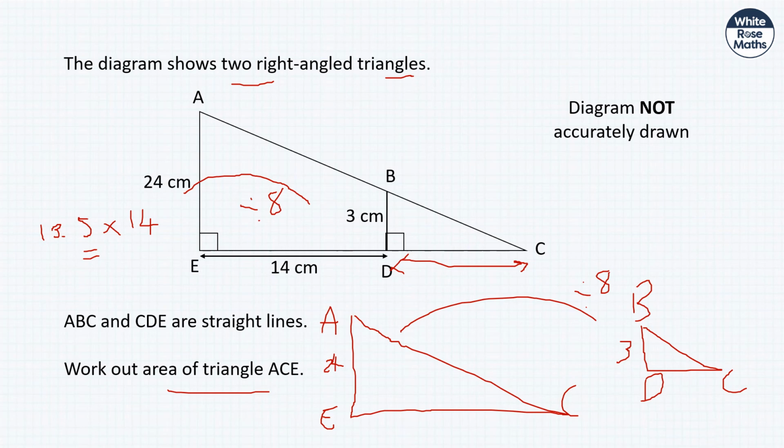Let's just work this out on a calculator. 14 divided by 8 is 1.75. 13.5 times 14 is 189 for this area here.